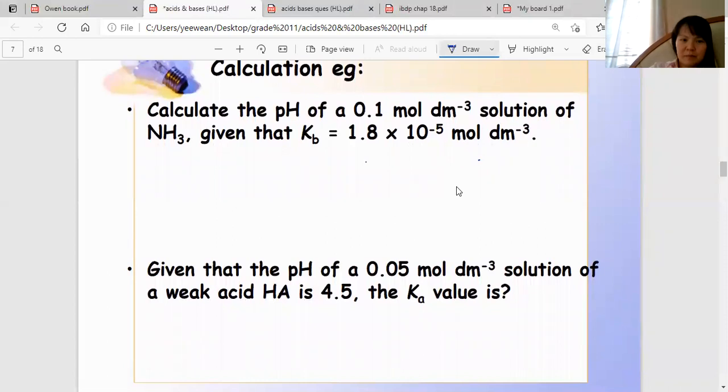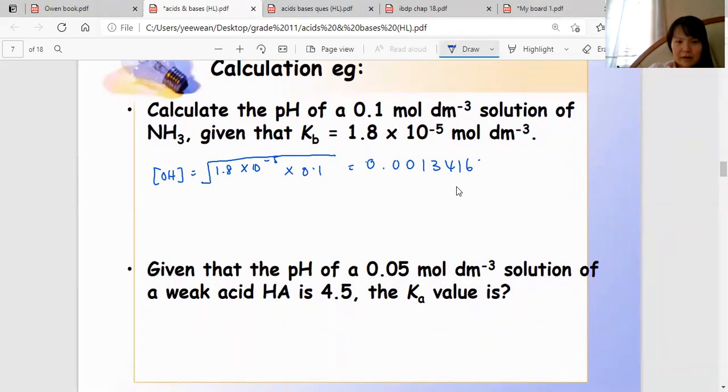So Kb times C, square root the whole thing. And I got 0.00134. I'm going to leave all the numbers there. Okay, and now I need negative log of OH.